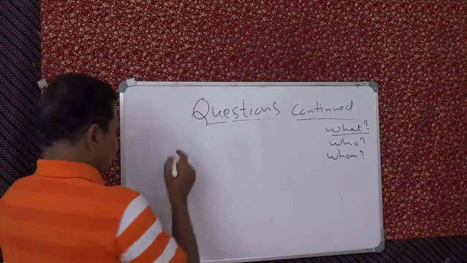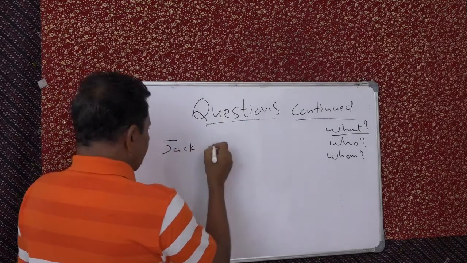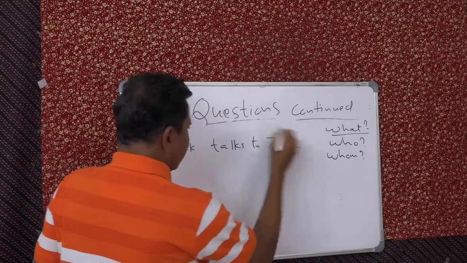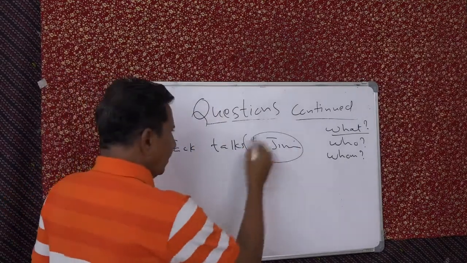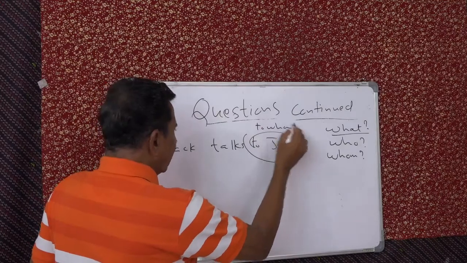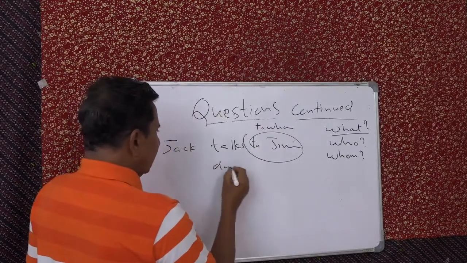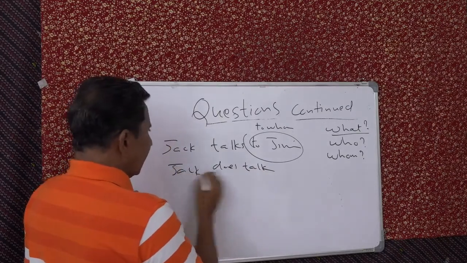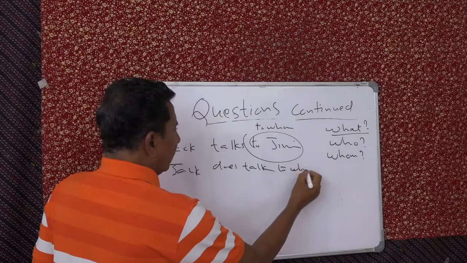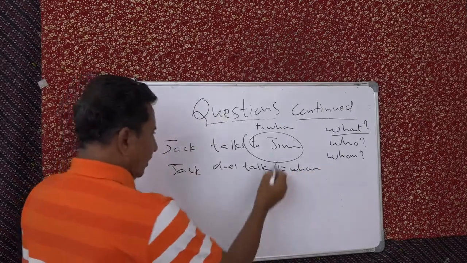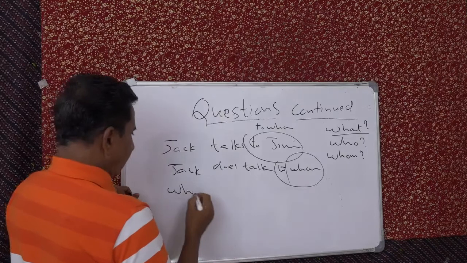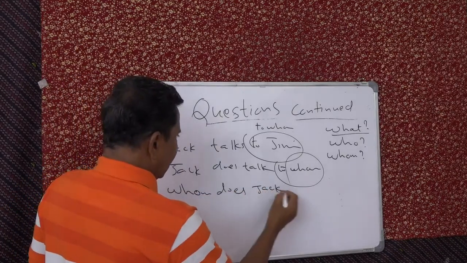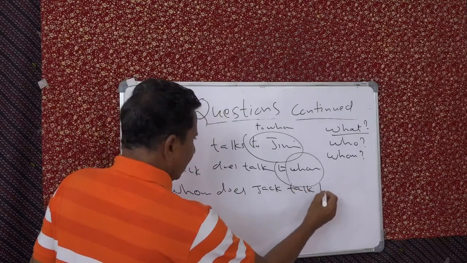Simple present. Jack talks to Jim. To Jim, to whom? Talks will become does talk. Jack does talk to whom? Question, you have to bring it here. So, whom does Jack talk to?